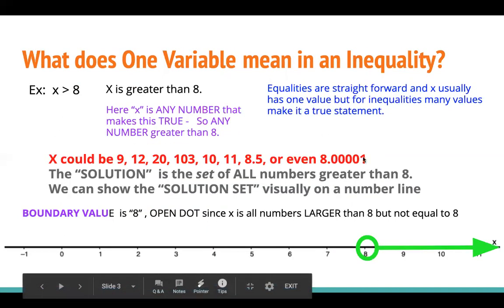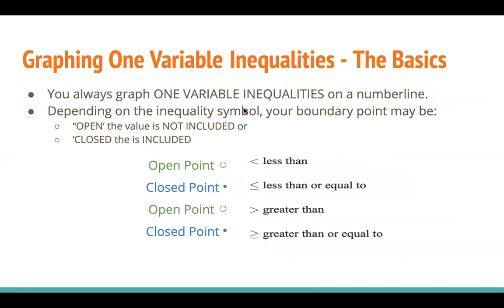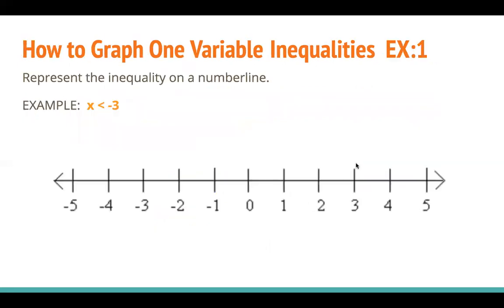Some basic things about the open and closed dot. I use an open dot when I have less than or greater than signs without the line underneath. That means that the boundary value is not included. And I use a closed dot to indicate when it can be equal to that boundary value.